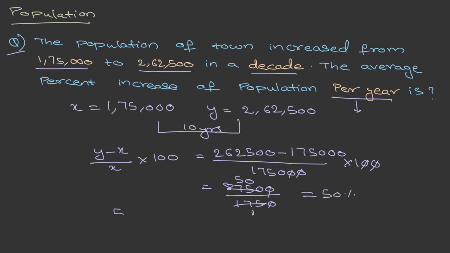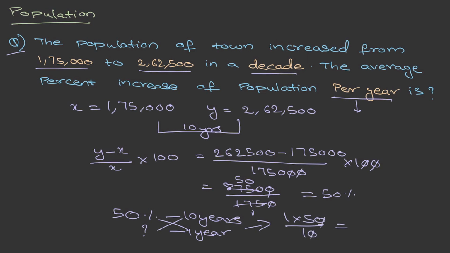So this is 50% in 10 years. Then in 1 year, how much did it increase? This is given by the crisscross method, that is 1 into 50 by 10, which is 5%. This means that there is an increase of 5% every year.